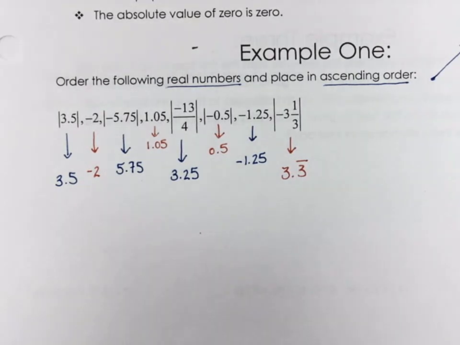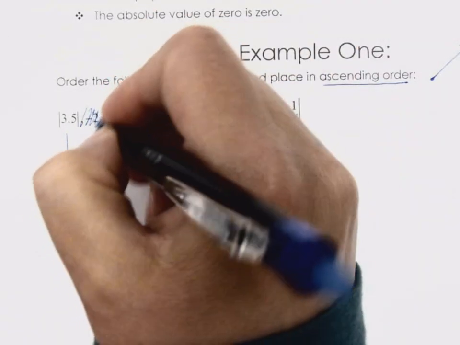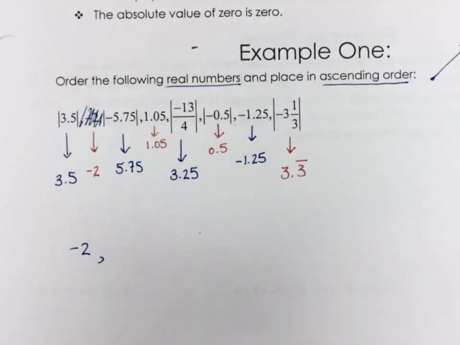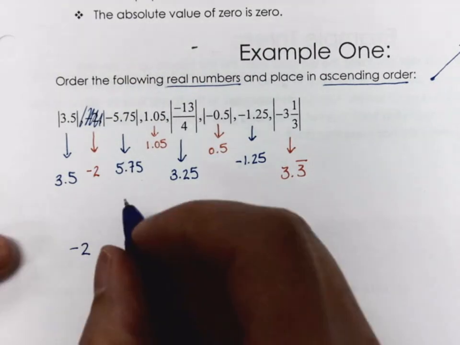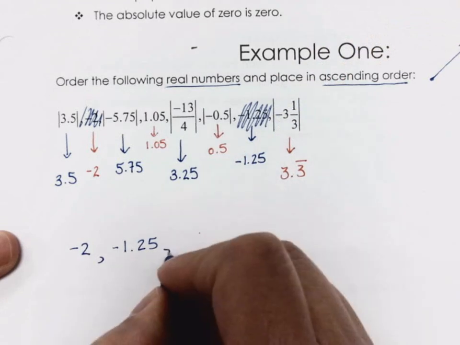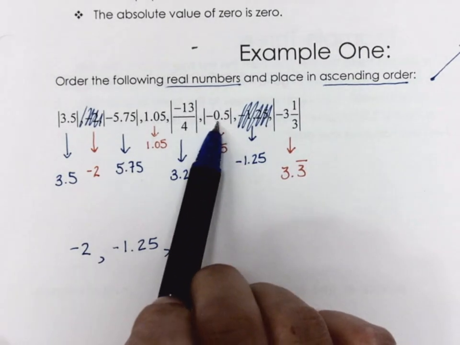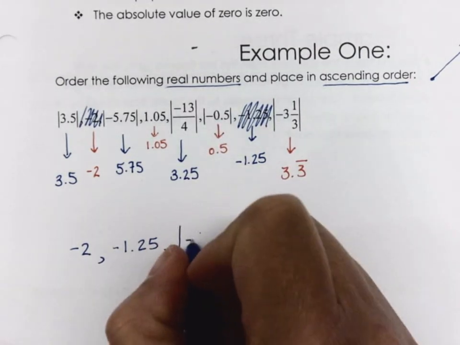Okay, so what's the smallest number in this list? Negative 2. Okay, and that one wasn't in anything, so that one's gone. What comes next? Negative 1.25. So that one's gone. And those were both the original form. Okay, what one's next? 0.5, but it's in an absolute, so we're going to write it in its original form.